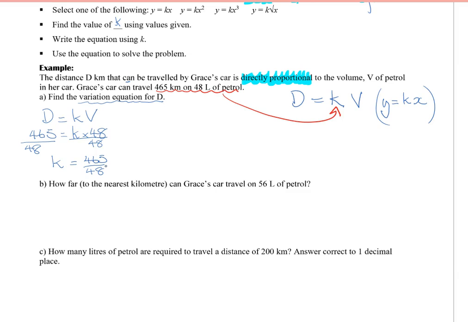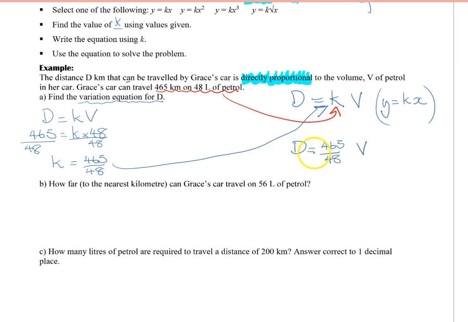Now, the really important thing is I put that into here so that I get the equation D is equal to 465 on 48 times V. You can see I haven't gone to my calculator to see what that fraction is. It doesn't really matter. You can, if you like, as long as you don't round off a decimal.